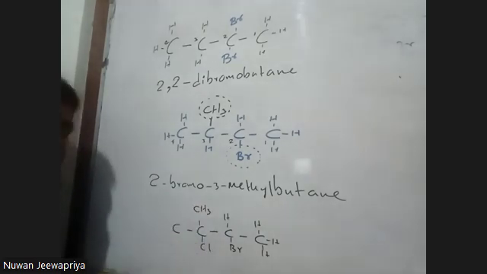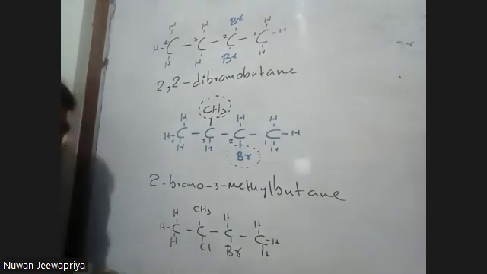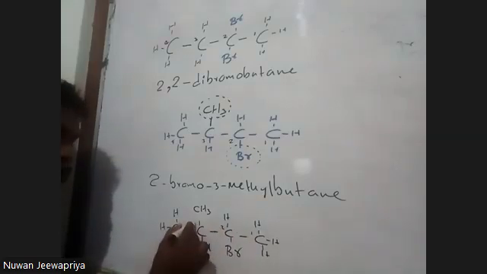And here chlorine. And here what is there? Bromine, Br. Here Cl. And H, H, H. So we give the numbers. Now we can give the numbers 1, 2, 3, 4.